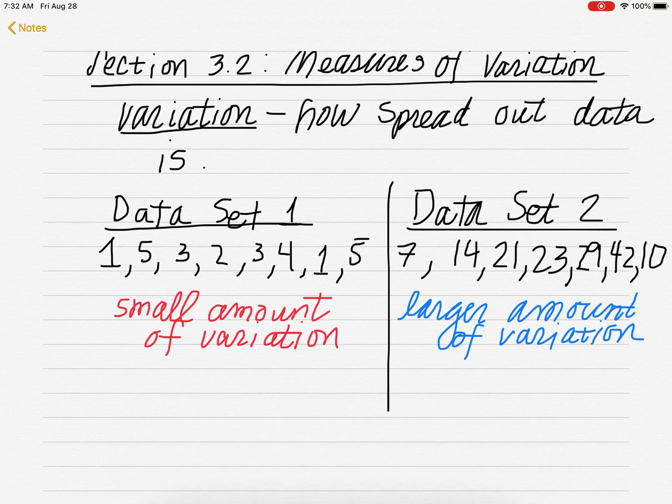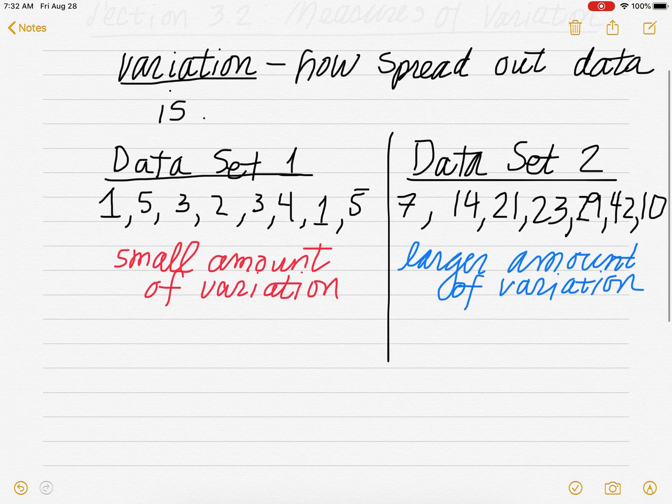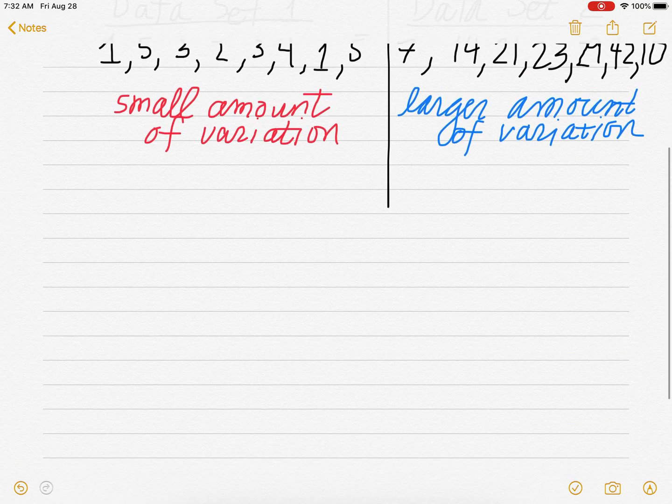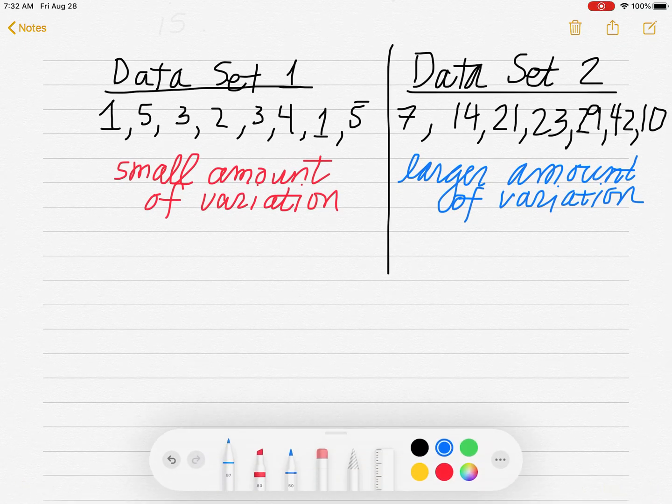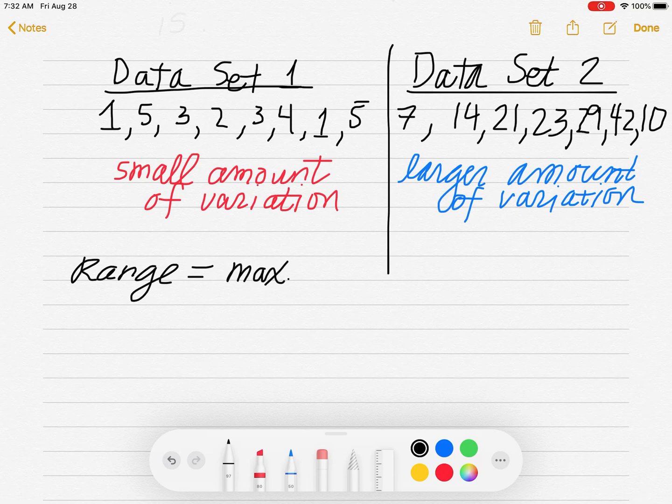So what we want to learn to do is to quantify variation numerically. The first big measurement we're going to talk about is called the range. The range for our data set is just the maximum minus the minimum.